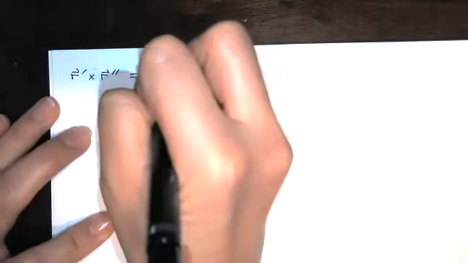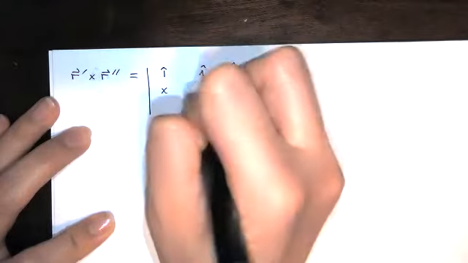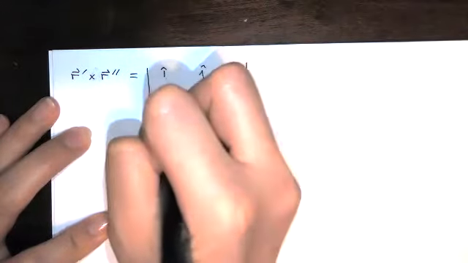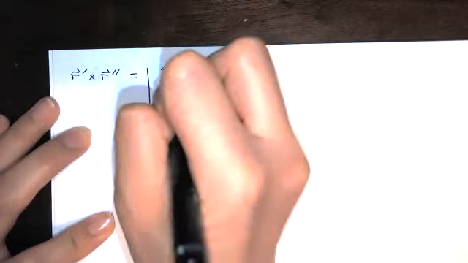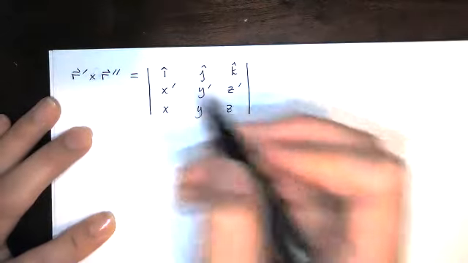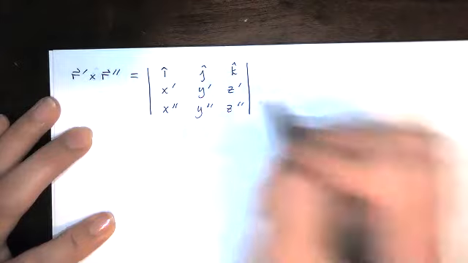Okay. So let's look at the cross product of r prime and r double prime. If r is a vector with components x, y, and z, I'm going to have r prime in that row, r double prime in that row.